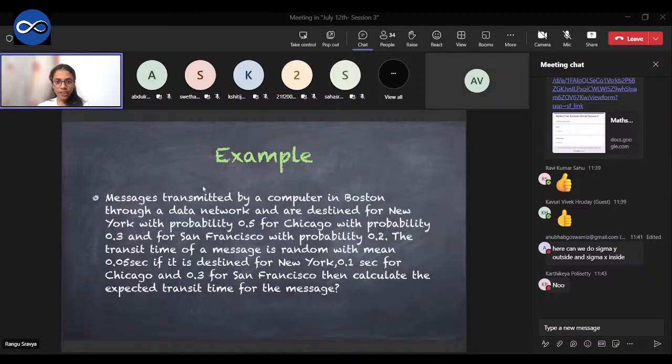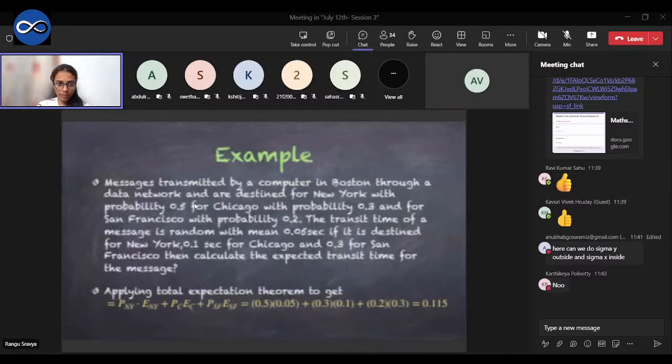This is an application of the total expectation theorem. We are given expected values given that they are destined for New York, Chicago, and San Francisco, and we need to find the total expected time. They have also given the probabilities with which the messages will be transmitted from Boston to New York, Chicago, and San Francisco. So this is a direct application of the total expectation theorem.